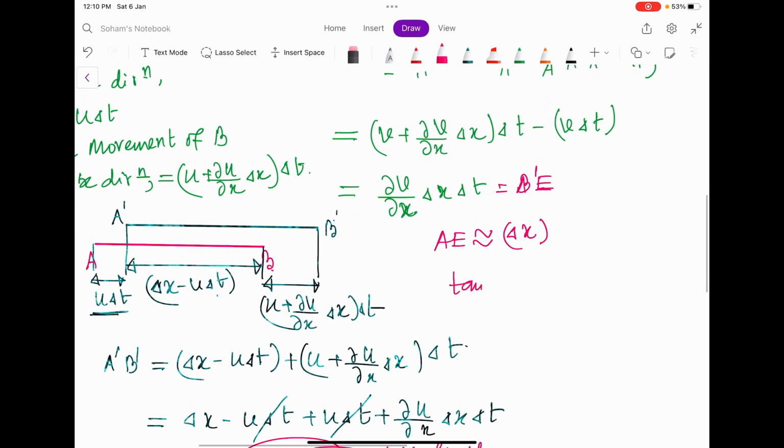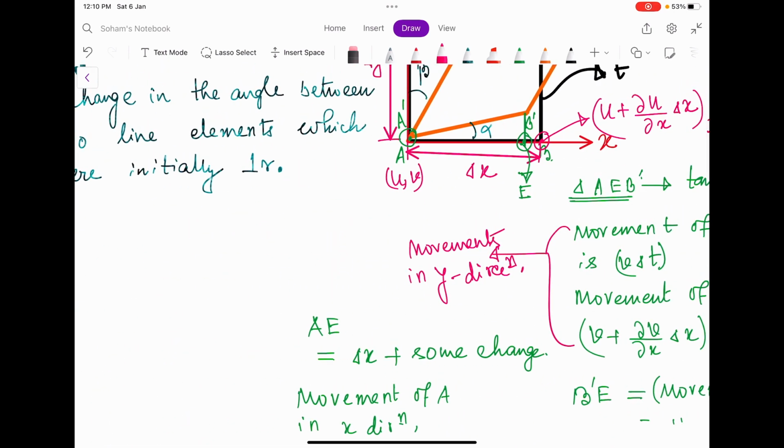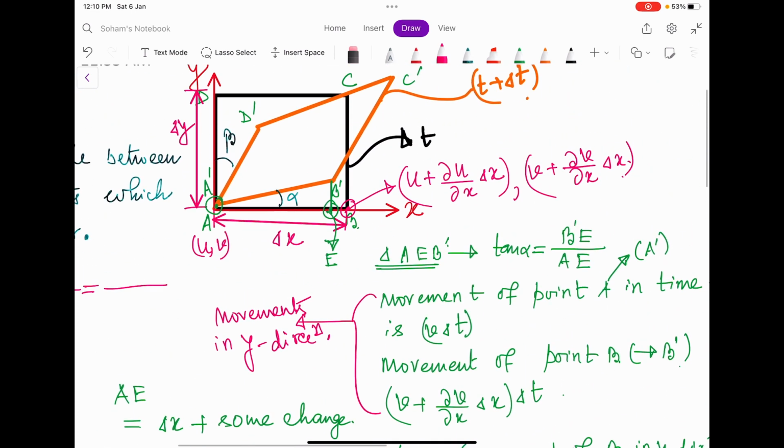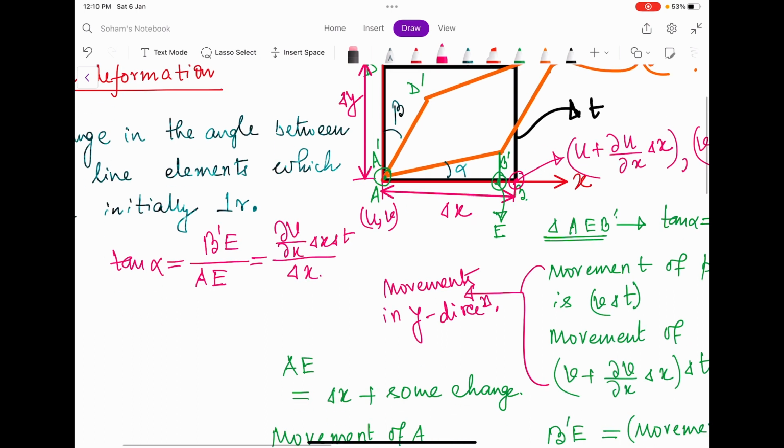That means tan alpha, let me write it here, tan alpha is equal to B dash E by AE. B dash E was this. So B dash E is del V del x del t, and AE is almost equal to delta x.